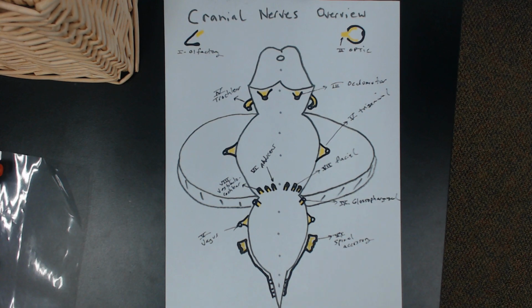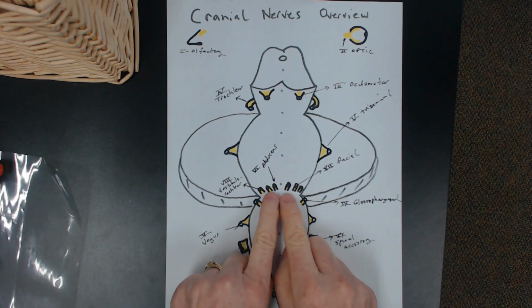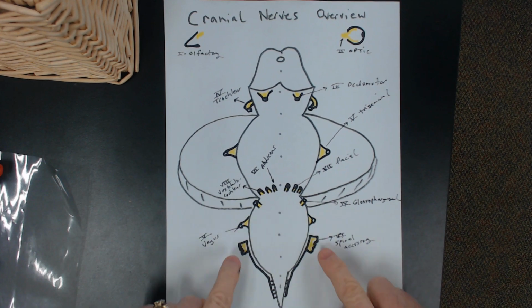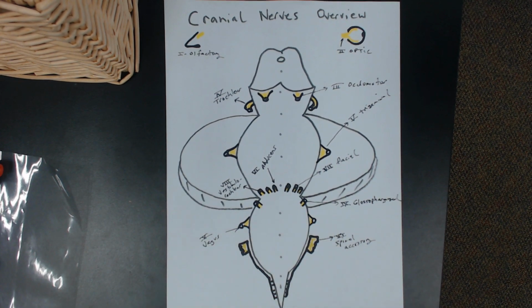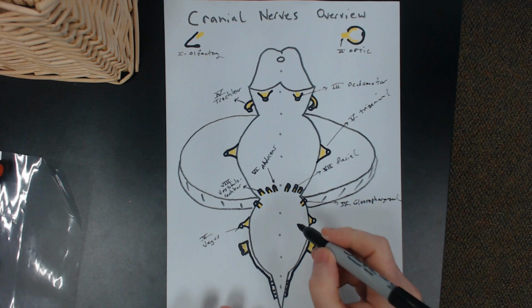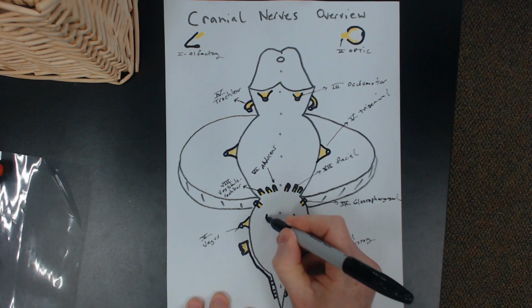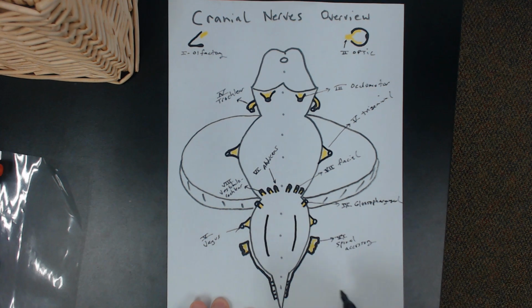Okay, so it works out really nice. You can just count down. There's 3, 4, 5, and then come medial 6, 7, 8, 9, 10, 11, and then the last one is cranial nerve number 12. And we talked before about these little bumps. There's 2 bumps.